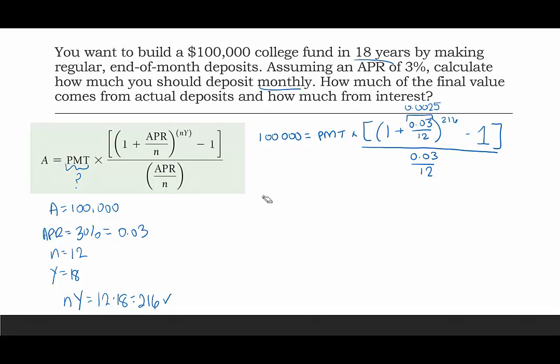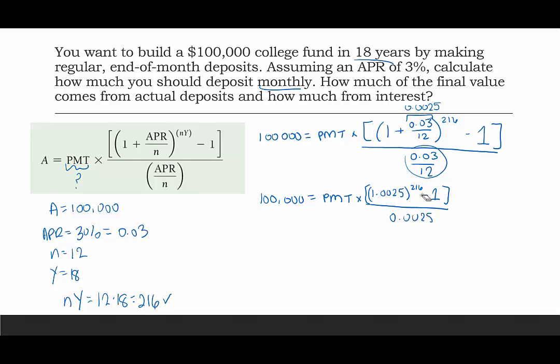So I'm going to do the best I can to try to limit the number of times I rewrite this. PMT times, so this becomes 1 plus 0.0025. So we have 1.0025 raised to the 216th power minus 1, and this is all in the numerator, over, and remember what this is equal to? We just did it. It's 0.0025.